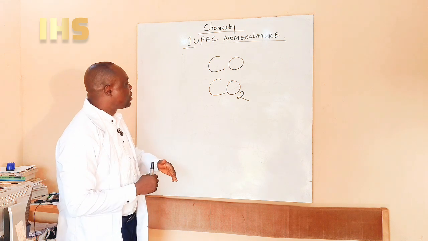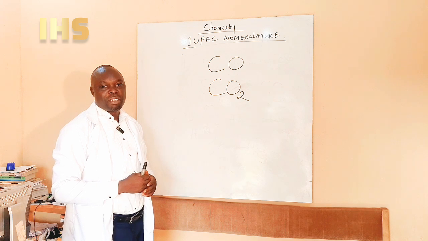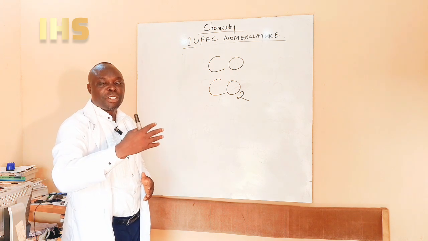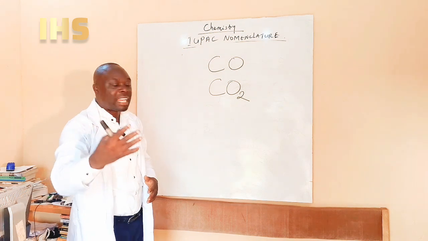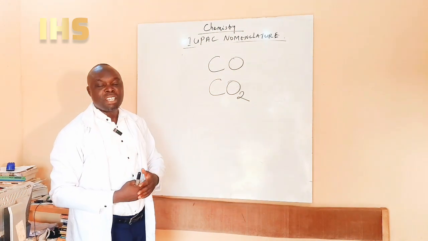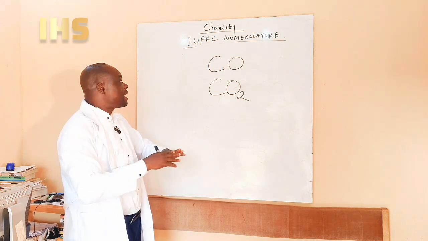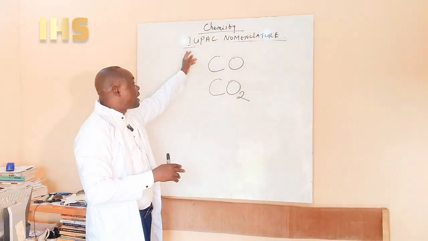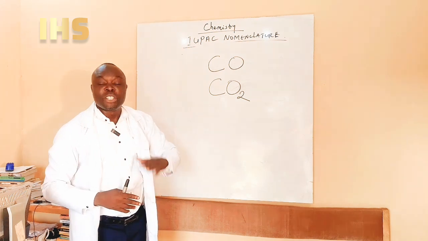So I'm going to introduce to you the new and the old name. If you call the new name, the person who understands the nomenclature knows what you are saying. If you call it in the old, he still knows. But after this, IUPAC now gave that every person should know the new name.